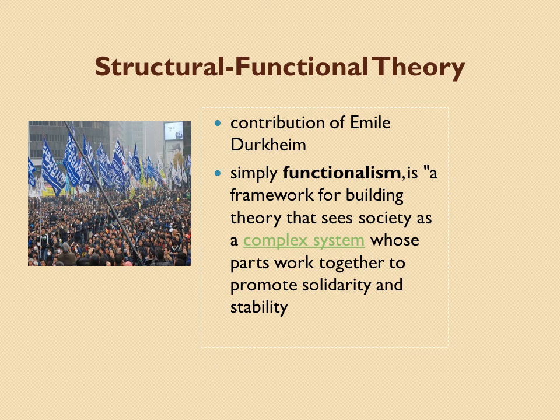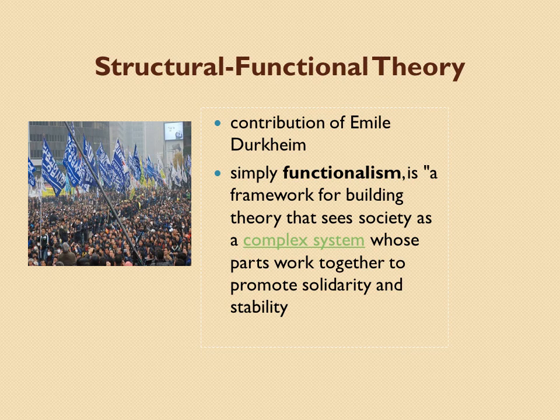Spencer, 1898. The parts of society that Spencer referred to were the social institutions, or patterns of beliefs and behaviors focused on meeting social needs, such as government, education, family, healthcare, religion, and the economy.